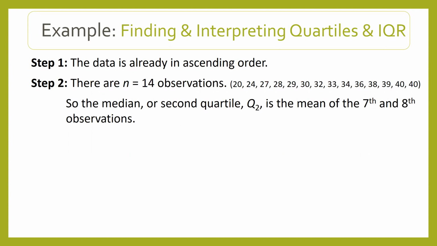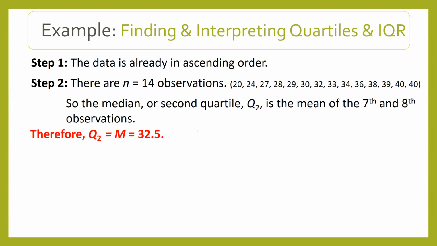We have 1, 2, 3, 4, 5, 6, 7. We need to consider these two and compute the mean of these two numbers. So 32 plus 33 divided by 2 gives us Q2, which is 32.5.